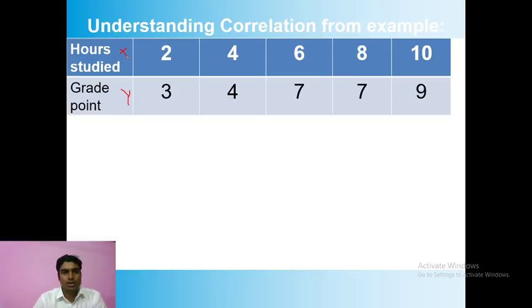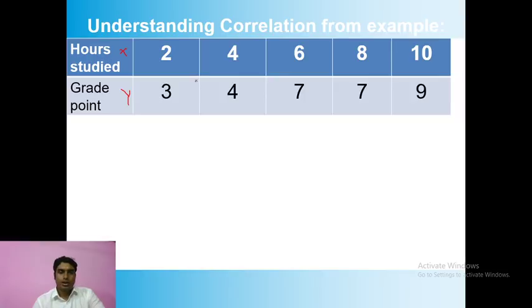If one student studies for 2 hours, then the corresponding grade is 3. If another student studies for 4 hours, then the corresponding grade point is 4. Similarly, if a student studies 6 hours, the corresponding grade point is 7, and so on.